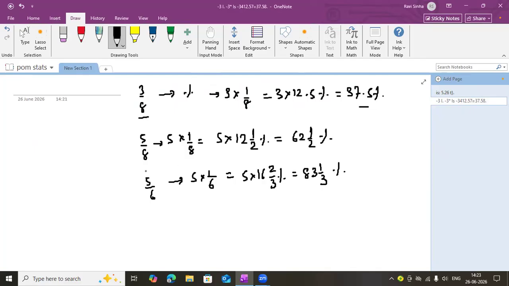Easily we have converted. We will see some more examples to further clarify how easily percentage values can be converted into fractions and fractions into percentage values. I hope up till this point the explanation has been clear, and we'll see some more problems.